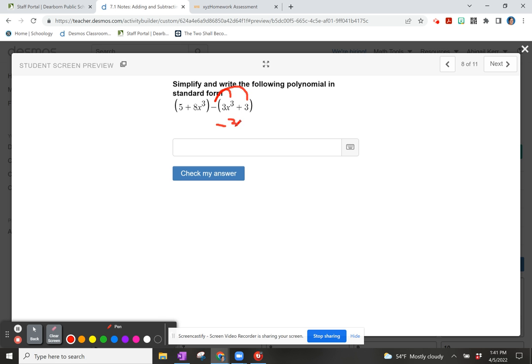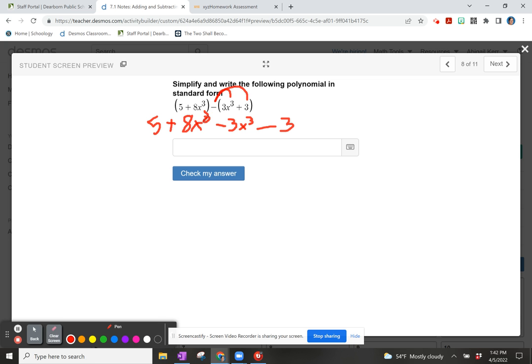It's going to be negative 3x to the third, and then minus the 3. So notice that we have the 5 plus 8x to the third. Nothing is going to change that. There's nothing in front of that parenthesis.